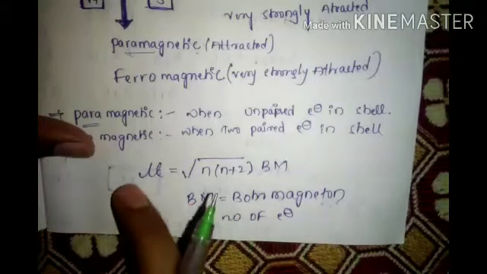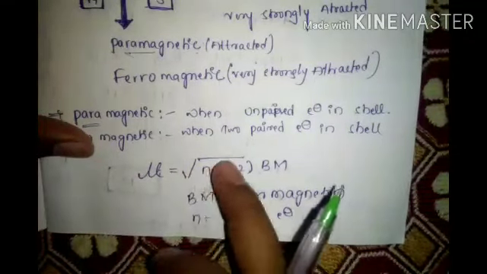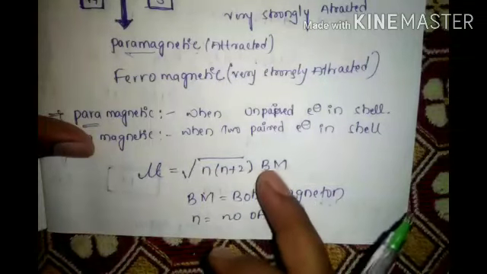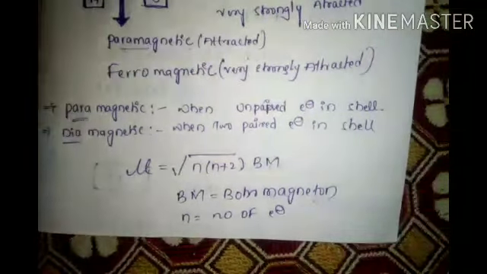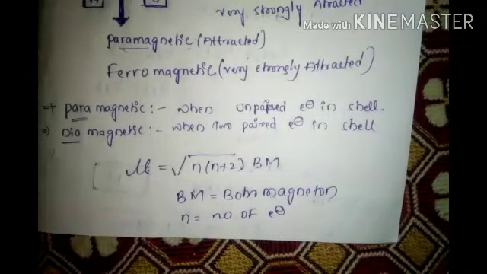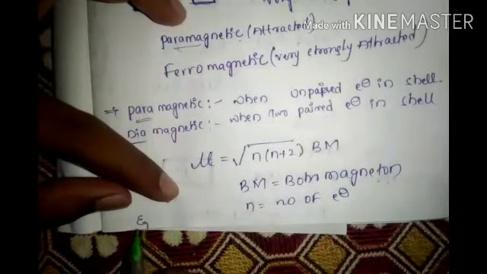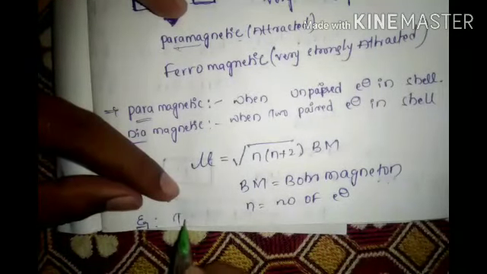This is very, very important. Magnetic moment equals square root of n(n+2) BM, Bohr magneton. Okay, those values they have given in the book, in one table column, the ion values. For example, titanium plus 3.